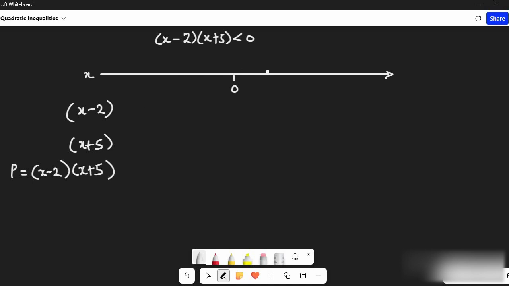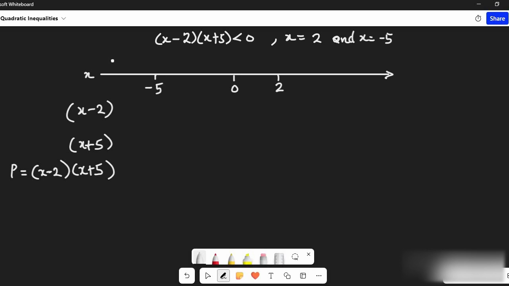And then put the zeros of the function here: x equals 2 and x equals minus 5. So we can have 2 somewhere here, and minus 5 somewhere here.